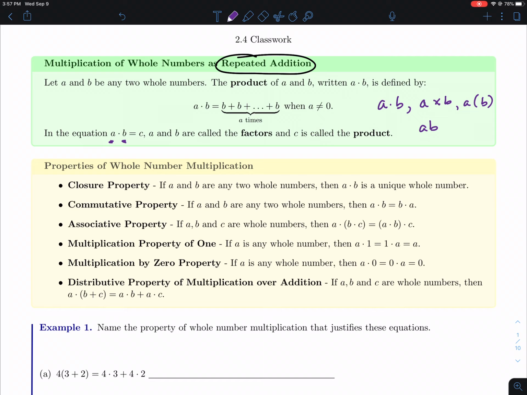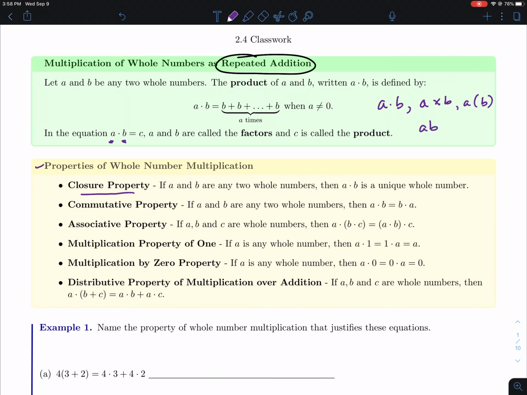Just like in addition, where we had those properties of whole number addition, notice we've got a lot more properties when it comes to multiplication. Some of them are the same, so keep that in mind. The very first one is the closure property. It's exactly the same as what we had for addition, except instead of adding two whole numbers and getting a whole number, we're going to multiply two whole numbers and get a whole number.